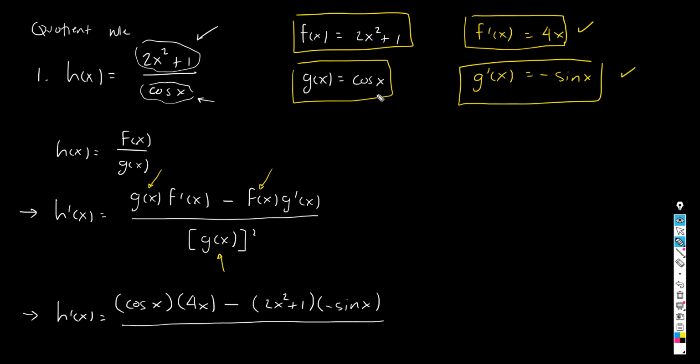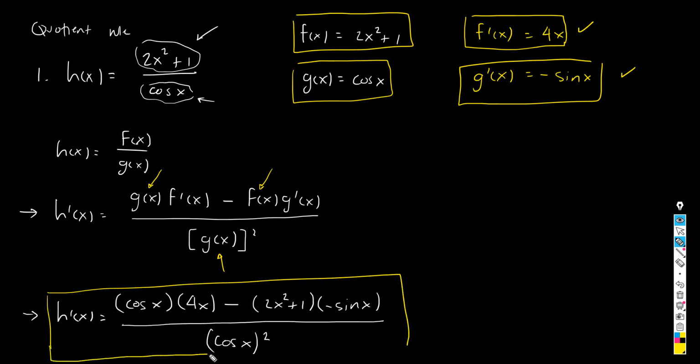So g of x is cosine of x, so I'm gonna get cosine of x to the square, and I'm done. You don't have to do anything else. If you arrive at this point, you are completely done.